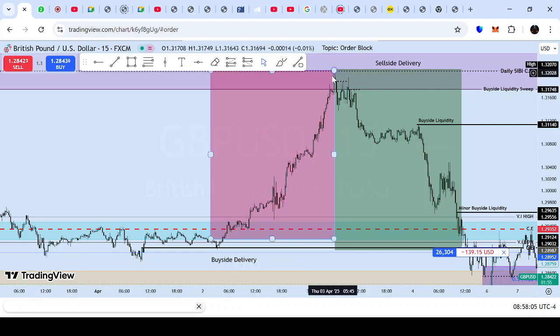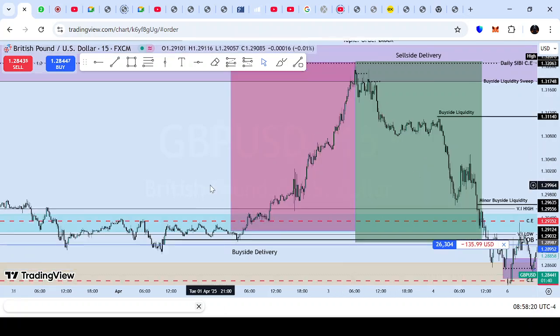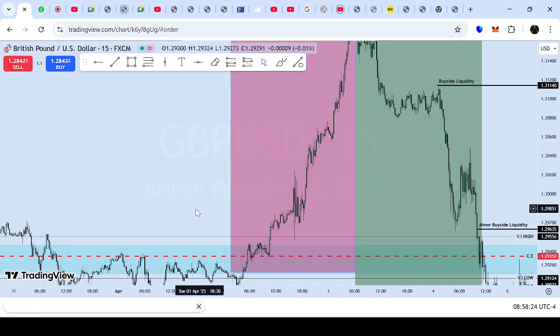That's a buy side delivery. While the opposite, the sell side delivery, is a bearish trend. Then bullish trend, buy side delivery, sell side delivery. So when we are in buy side delivery, we are bullish.